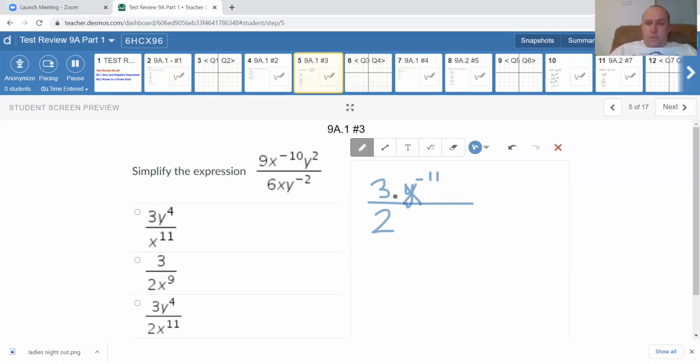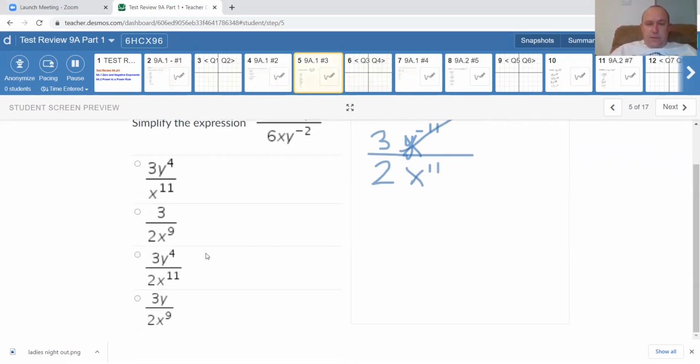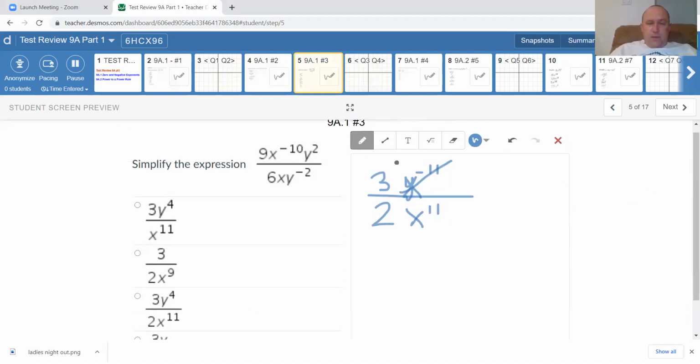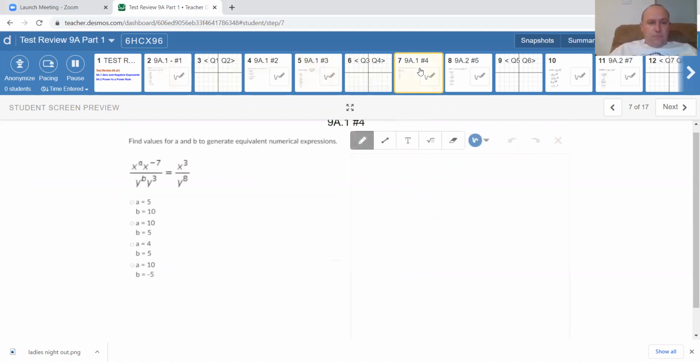Remember with negative exponents, you're going to change their position and you're going to make them positive. And actually at this stage, I think I do know what the answer is. This one has x to the 9. This one has x to the 9. This one has x to the 11. So I know that that is the correct answer. Just to prove it, 2 take away negative 2 is positive 4. Which is exactly what it says on that question.